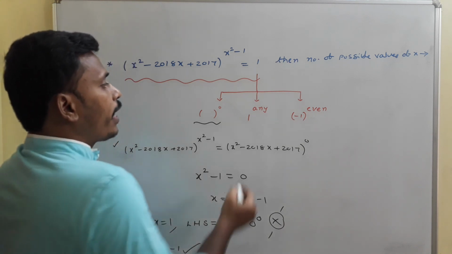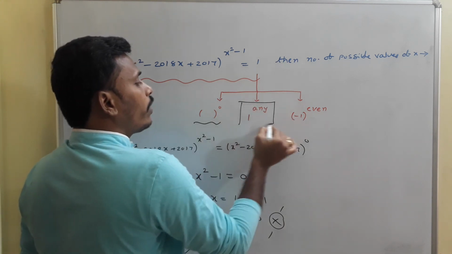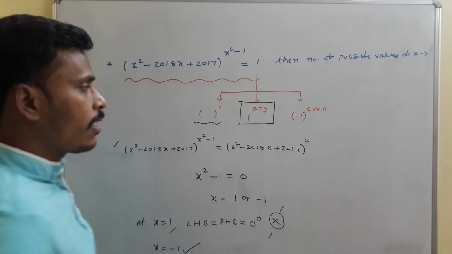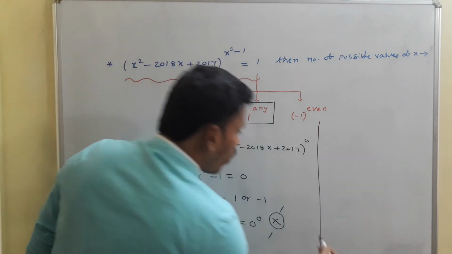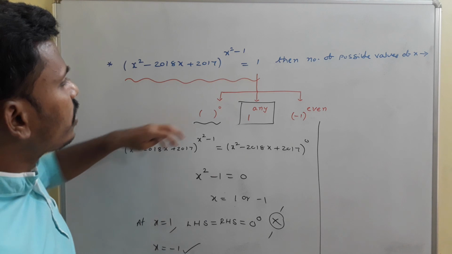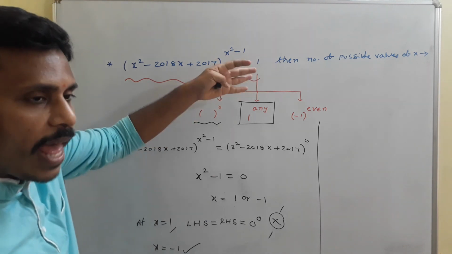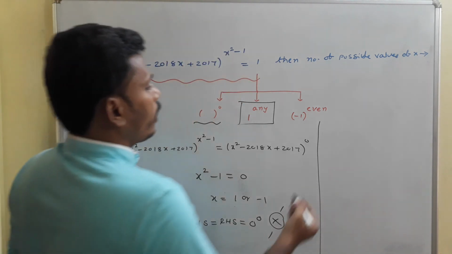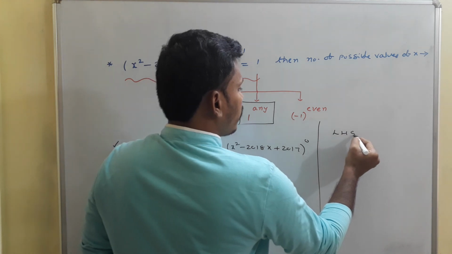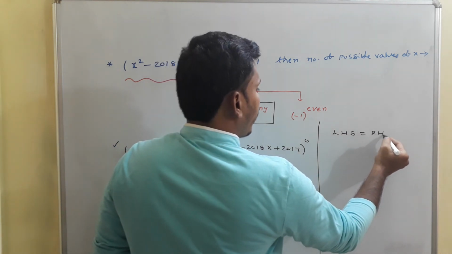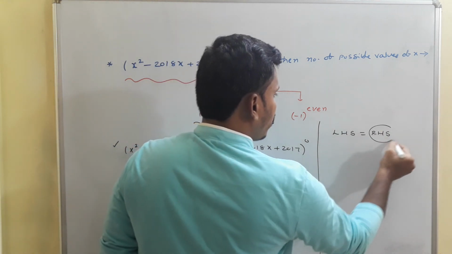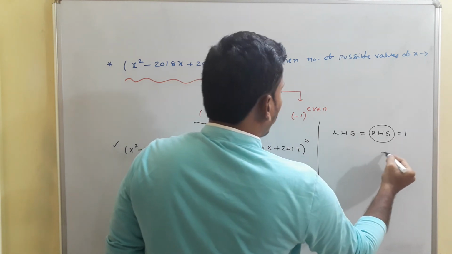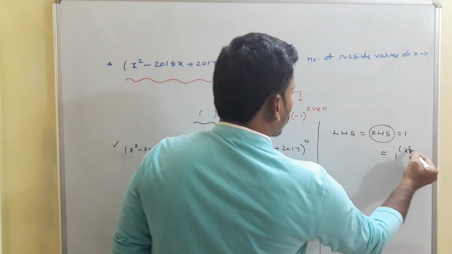Right. And now think about 1 power any number. Second case, I am trying to solve the problem in the second case. See, in the second case, I will view this 1 as 1 power (x square minus 1). Left hand side is the given problem, right hand side is this 1, and I am writing this 1 as 1 power (x square minus 1).